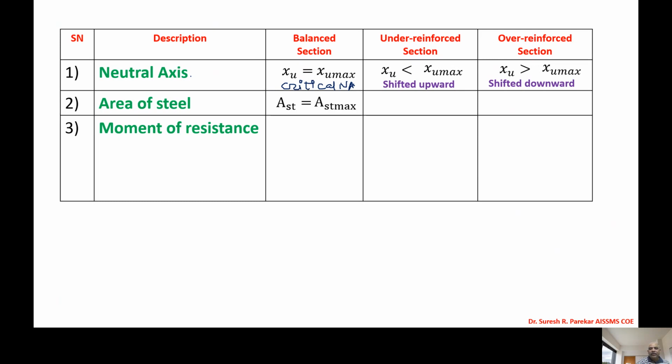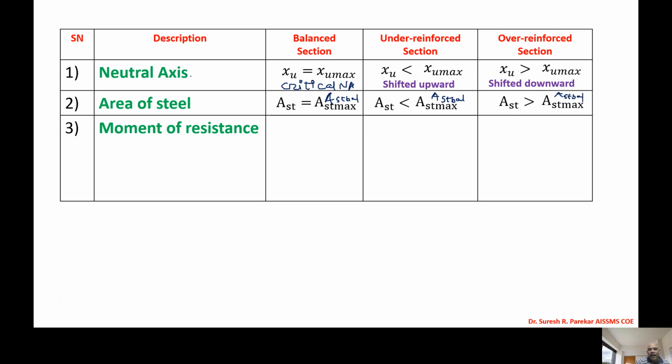Now for area of steel, we have Ast max, or you can write it as Ast balanced. Then under reinforced, we have Ast less than Ast max, or Ast less than Ast balanced, and over reinforced Ast greater than Ast max, or we can write it as Ast balanced.